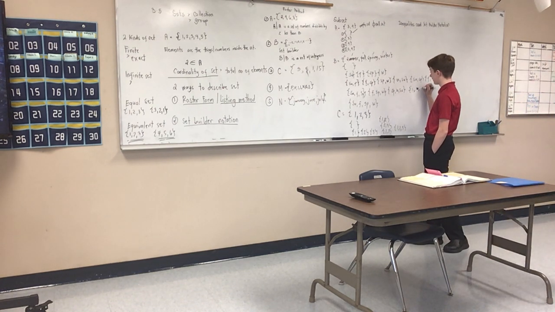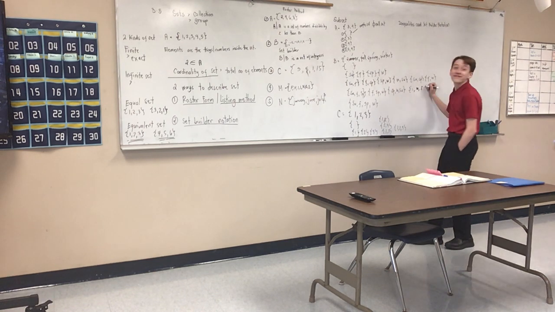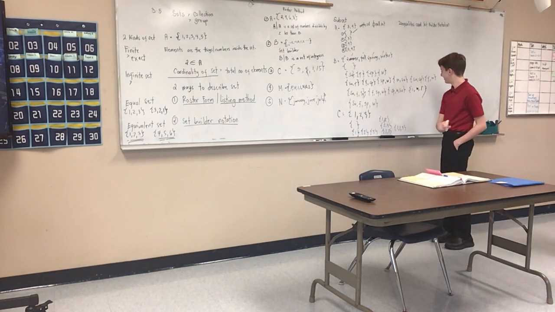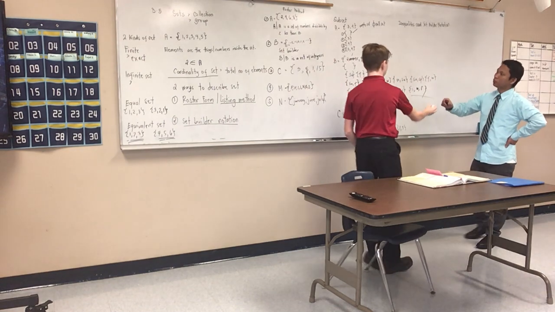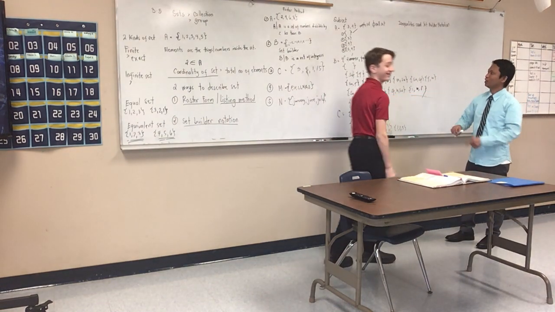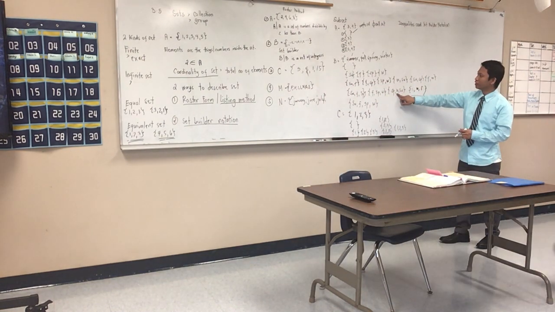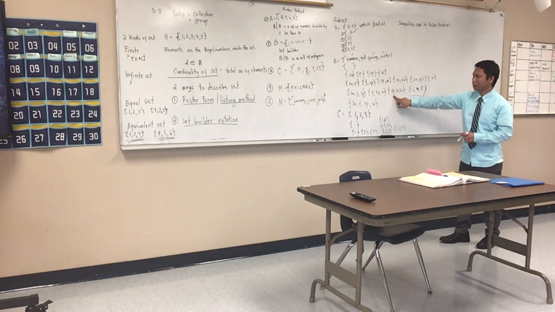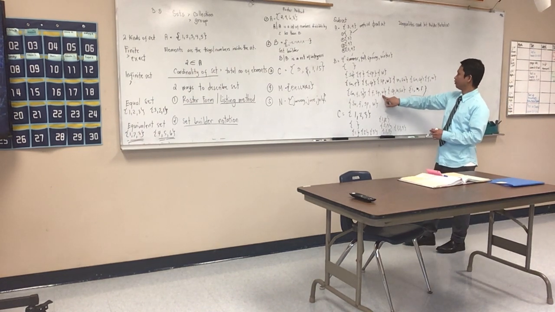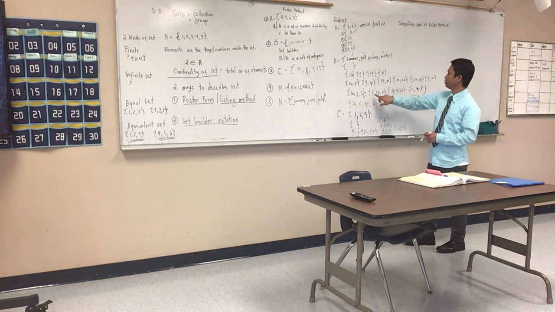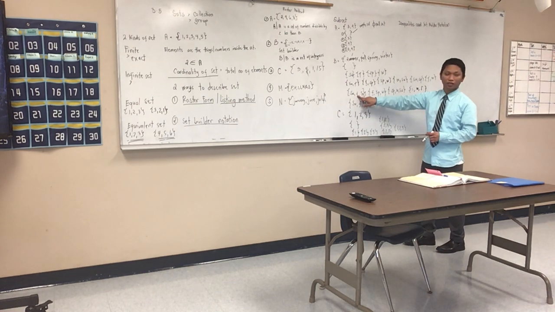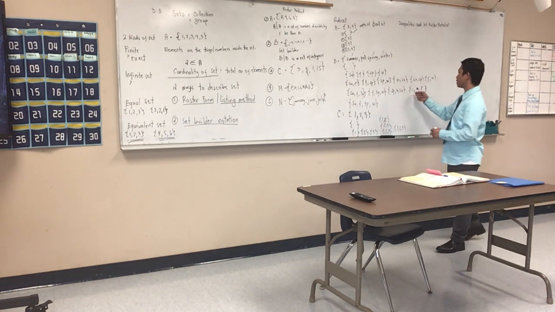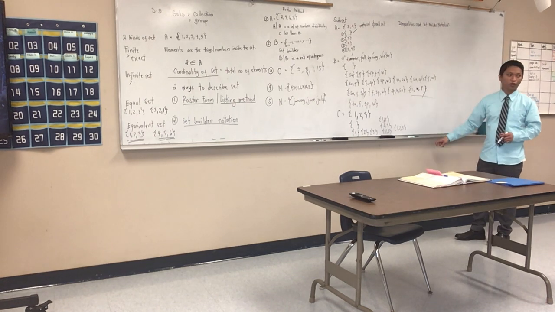I told you we have 16 subsets here. We have summer, winter, fall. Winter, summer, spring. Winter, fall, spring. Fall, spring, summer.